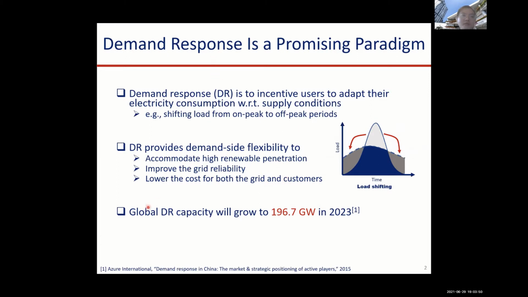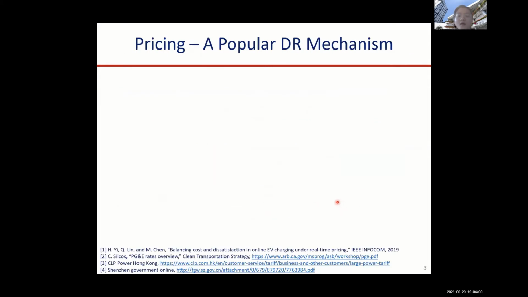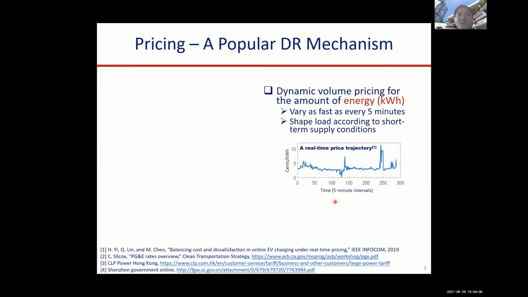Behind the demand response is a huge market. It is estimated that the global demand response capacity will grow to almost 200 gigawatts in 2023. For utilities, pricing is a very popular demand response mechanism.